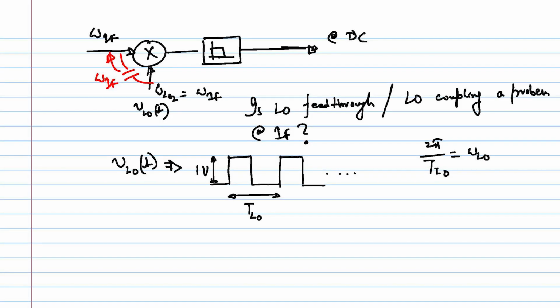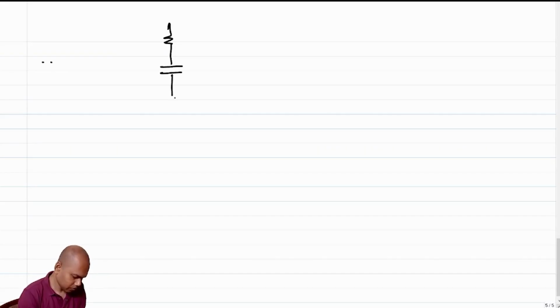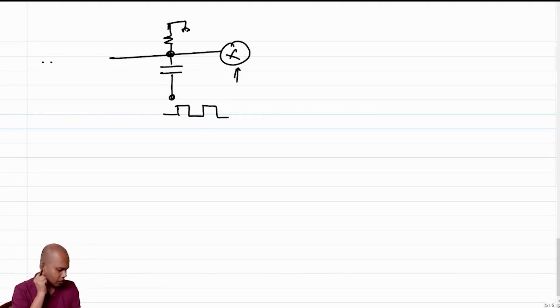So let's model this coupling as a capacitor and a resistor, and you have a square wave here, right?